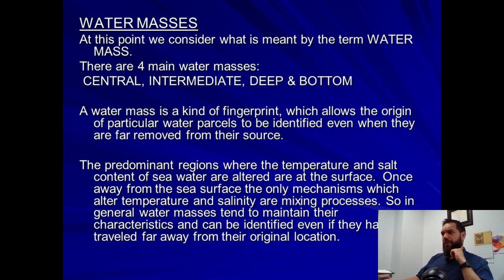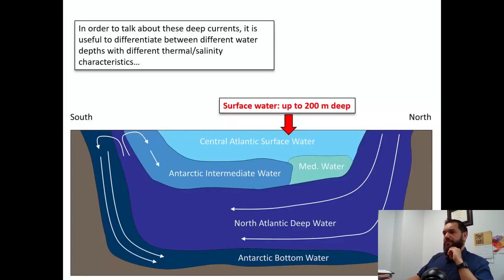So we have different water masses. We call them central, intermediate, deep, and bottom waters. I wanted to talk a little bit about some of the unusual characteristics of Antarctic bottom water, because it's kind of interesting.